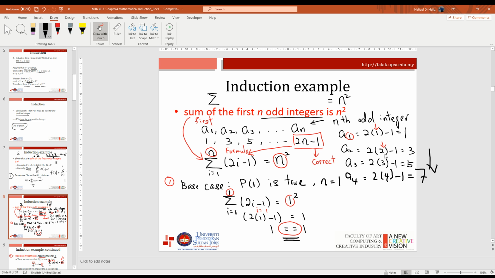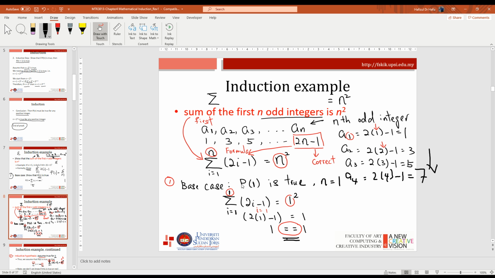For a2, we replace 2 multiplied by 2 minus 1, which is 3. 2 times 4 minus 1 is 7, and so on, until we get the formula 2n minus 1. So the formula is correct, and the sum is equivalent to n to the power of 2.